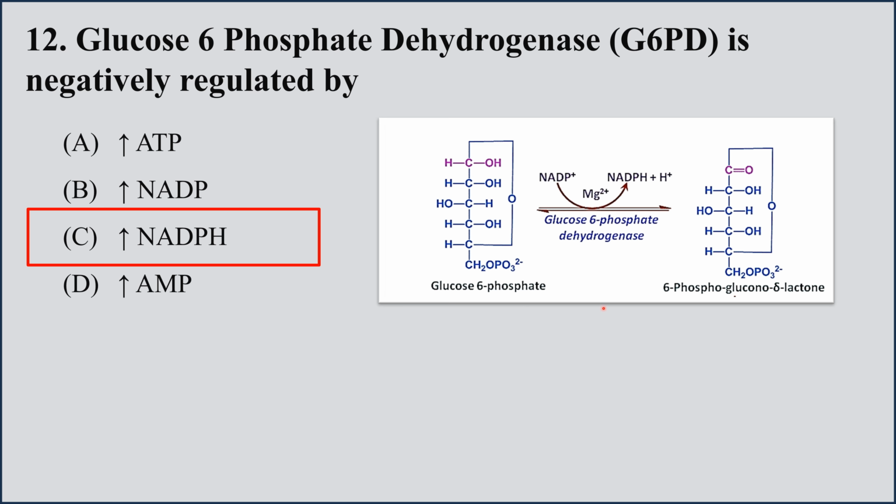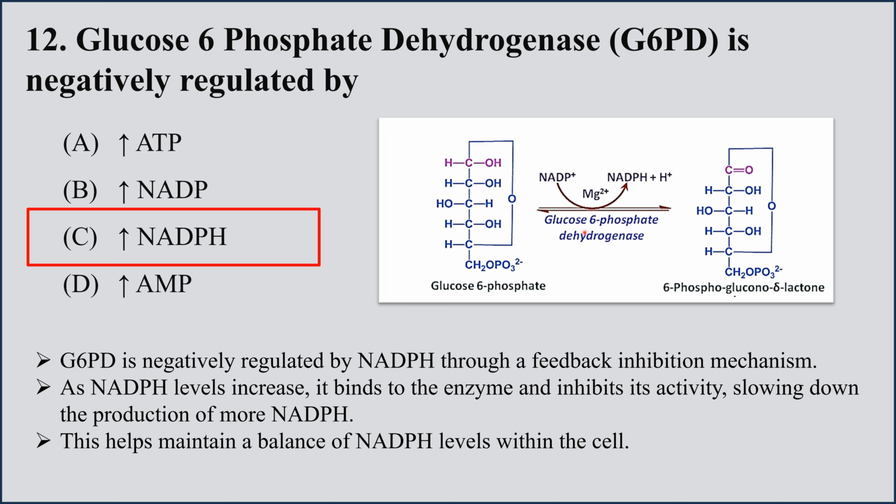into 6-phosphogluconolactone with the help of the enzyme glucose 6-phosphate dehydrogenase. There is a dehydrogenation reaction in which NADP is reduced into NADPH. So when there is increased and enough production of NADPH, it inhibits the glucose 6-phosphate dehydrogenase enzyme activity. So this is the negative feedback inhibition. G6PD is negatively regulated by NADPH through a feedback inhibition mechanism.